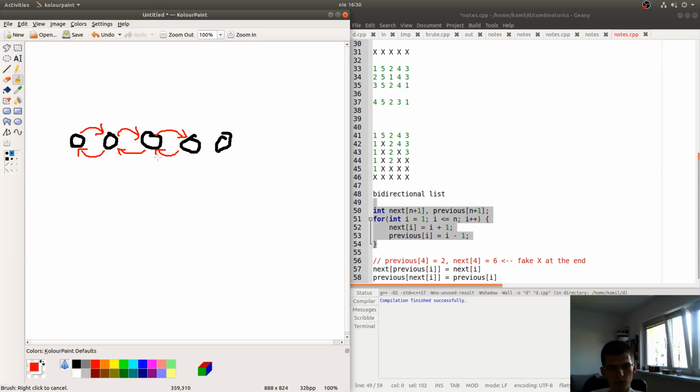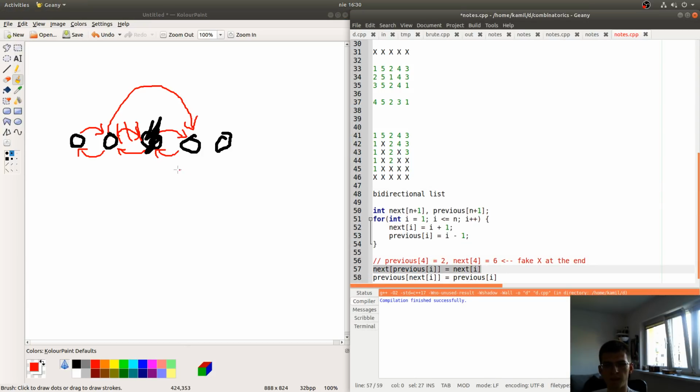Now when we want to remove something, for example, let's say we want to remove this, what do we do? We want to update the next and previous value for its neighbors. So we just change this to this. This is what is done with this line.